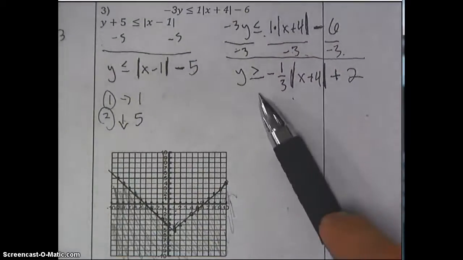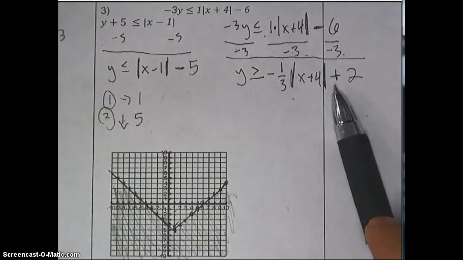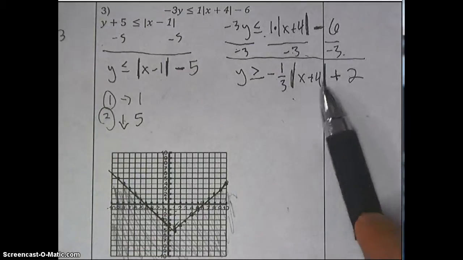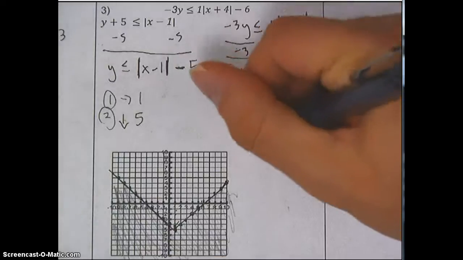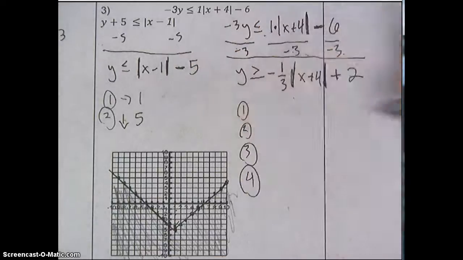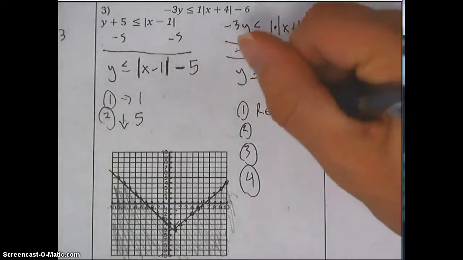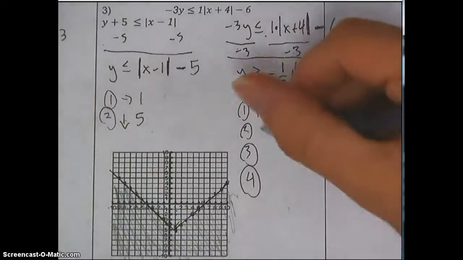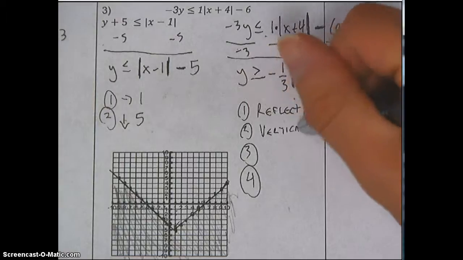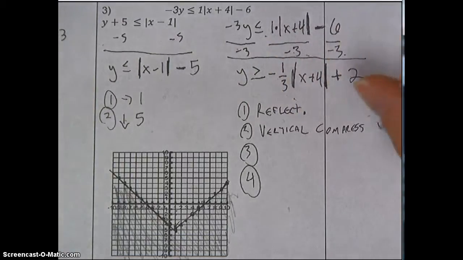Because now we need to graph this y is greater than or equal to negative 1/3 absolute value of x plus 4 plus 2. So there's 4 transformations, 1, 2, 3, 4. The first one's this negative. That makes it a reflection. The second one's this 1/3. That's a vertical compression by a factor of 1/3.